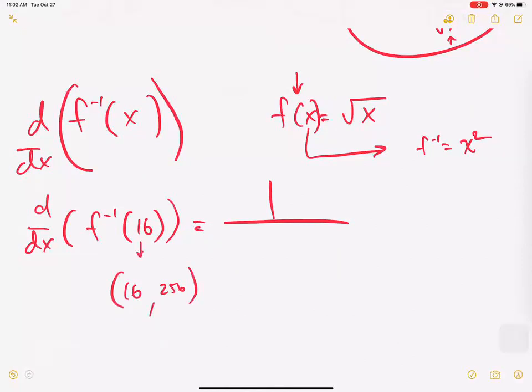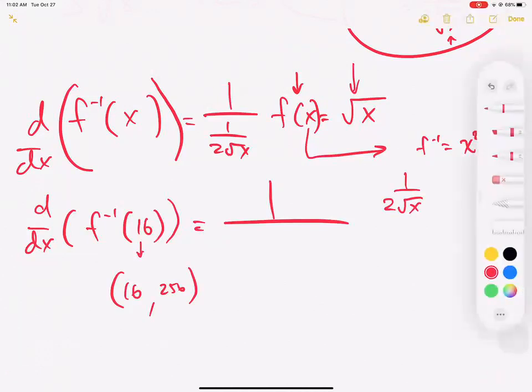So what's the derivative of this guy? Isn't the derivative just 1 over 2 square root of x? Except the x is really the y.